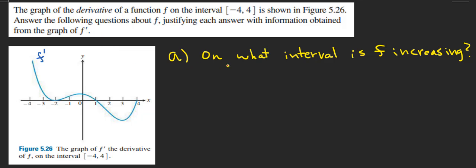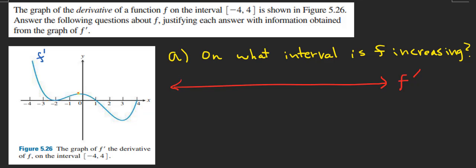So part A says, on what interval is f increasing? What's given is the graph of f prime. Again, this is a graph of f prime. So if you come up with the f prime chart, because the f prime chart gives you information on when f is increasing and decreasing. Look at the graph of f prime.